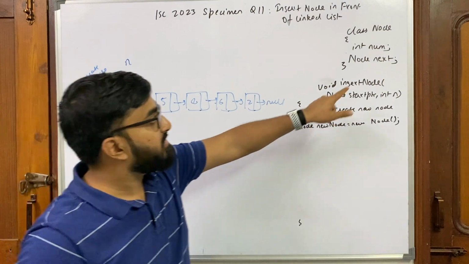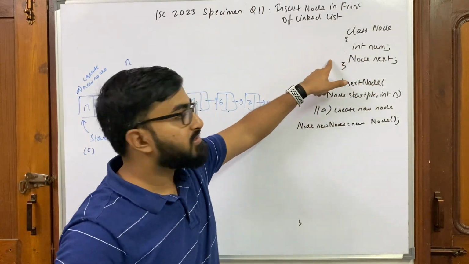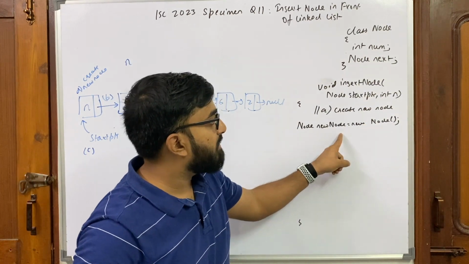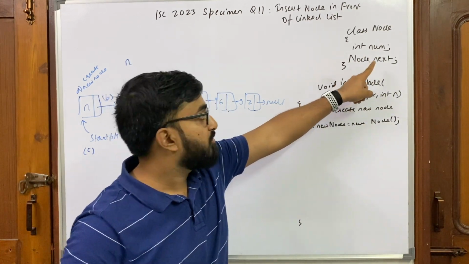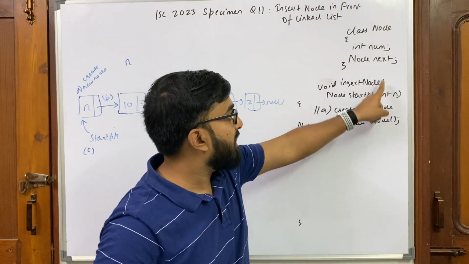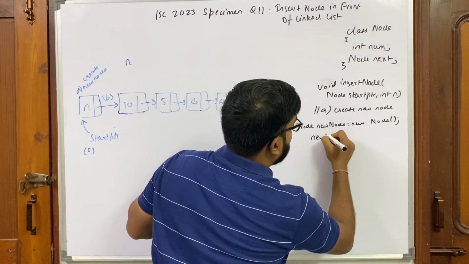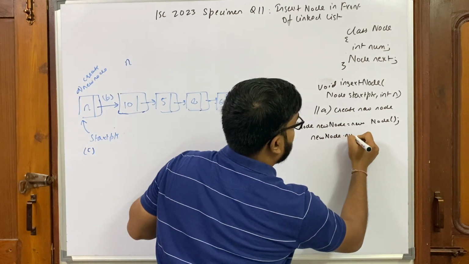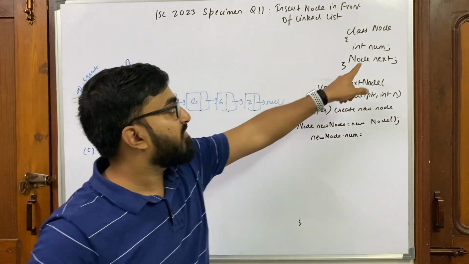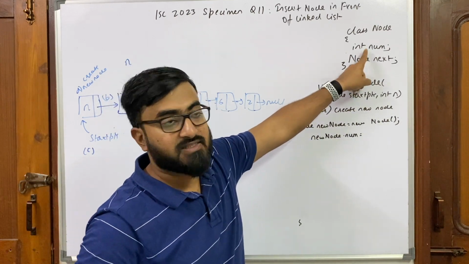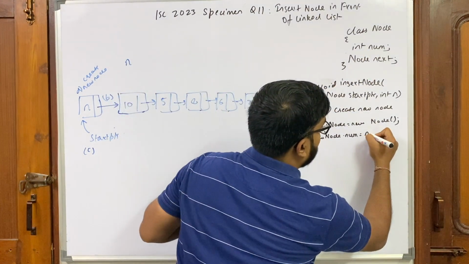Okay, and you can see num and next, they don't have any access modifiers. It means you can access them directly using the object name from outside the class. So if I want to set num to n, I can say newNode.num, I can directly access the value num from this object, because it does not have any private access modifier. I can say this is set to n.